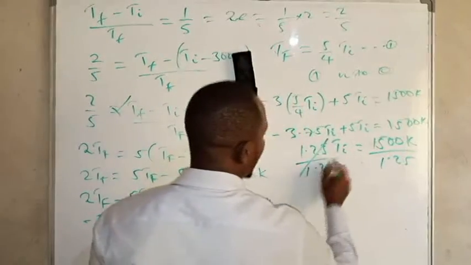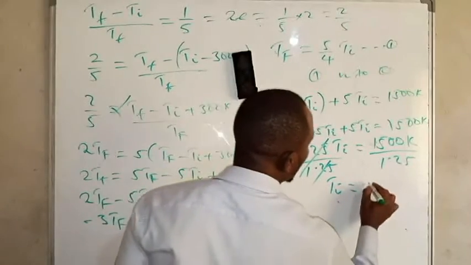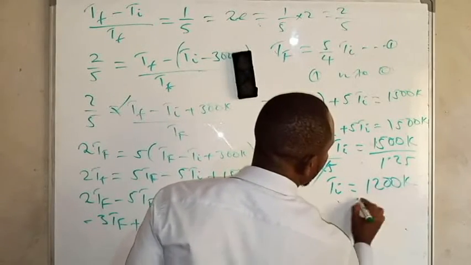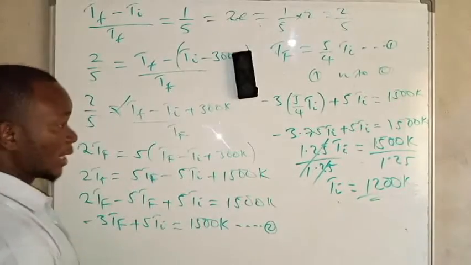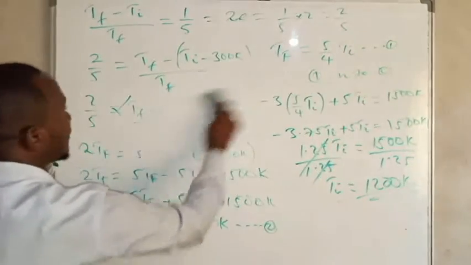When we divide throughout, we get Ti is equal to 1200 kelvins.